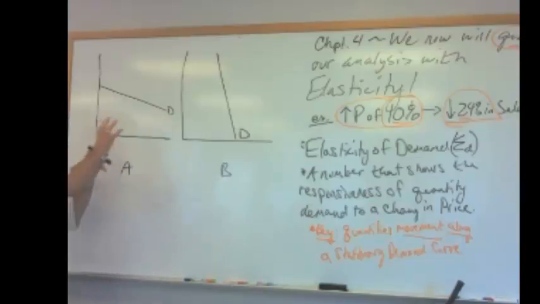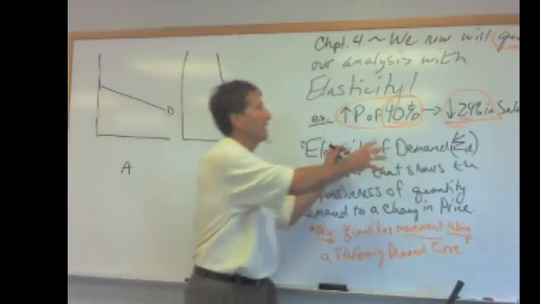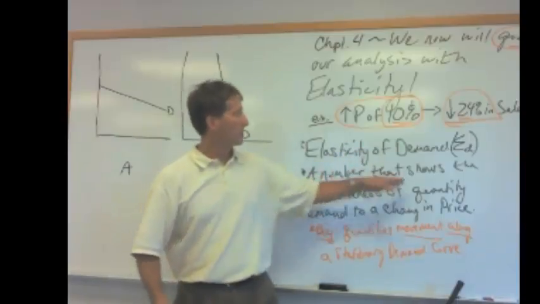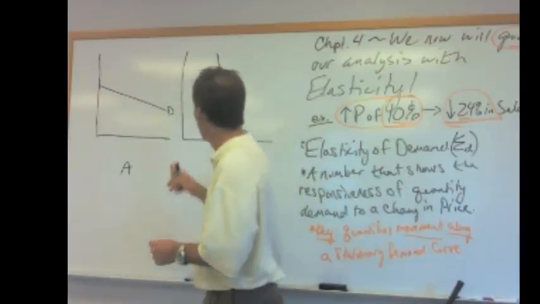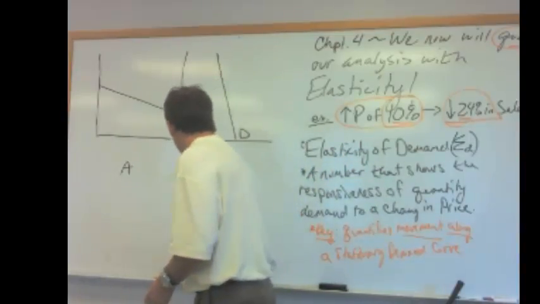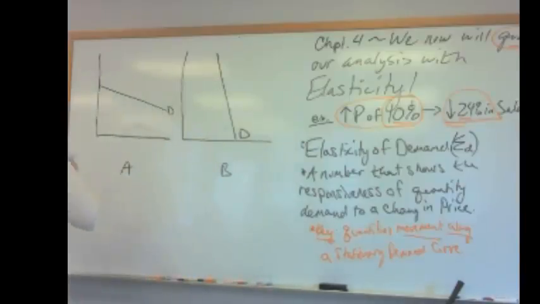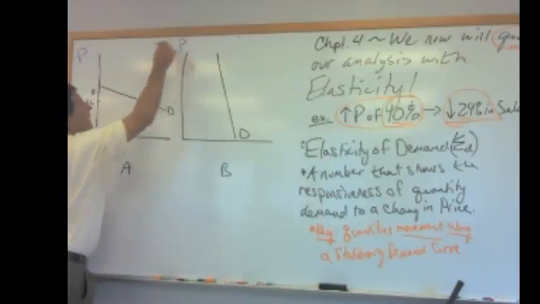But here we're looking at price, and how does price change? How do consumers respond to price changes? All right, so on this graph, if we take two prices, let me just pick a couple numbers here, of $8 and $6, just making some numbers up. Price, quantity.